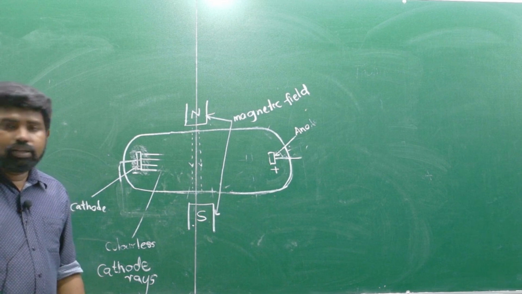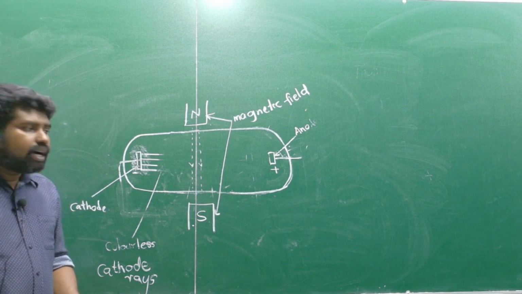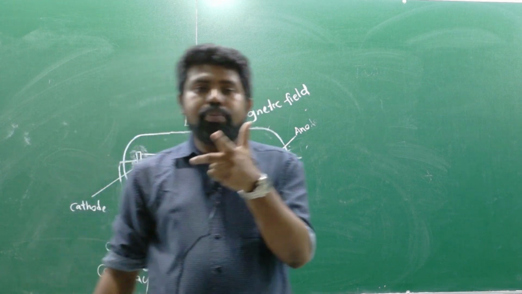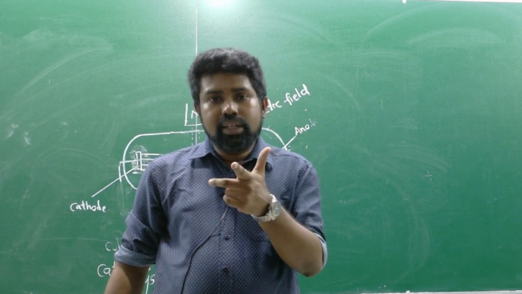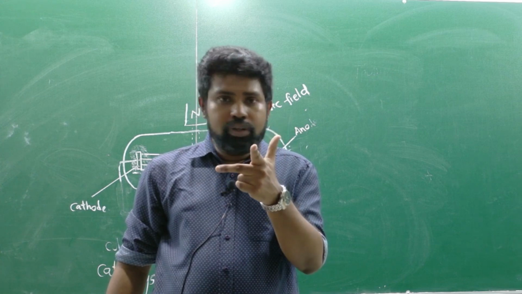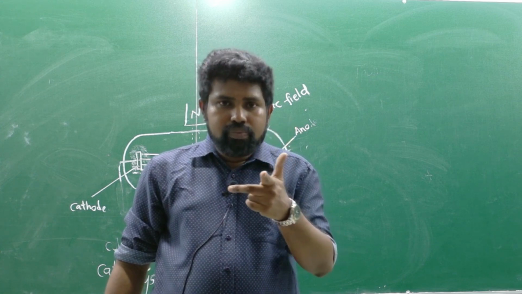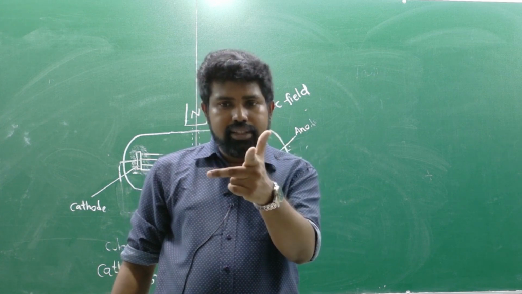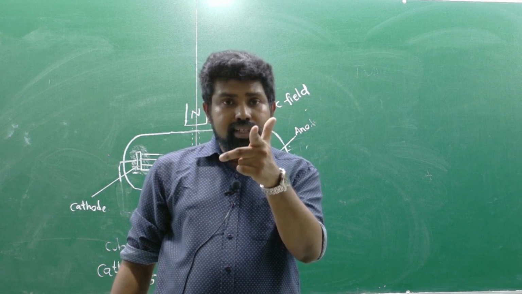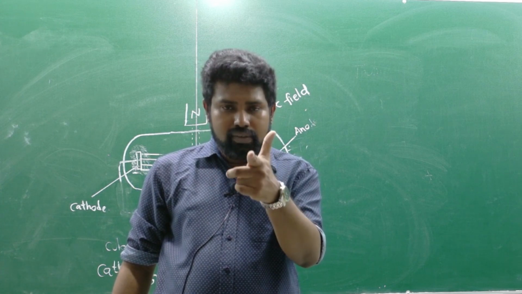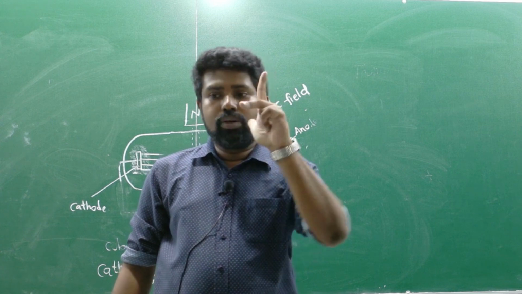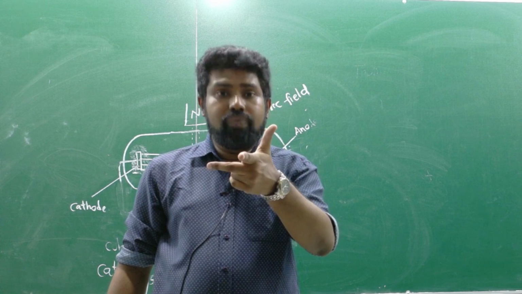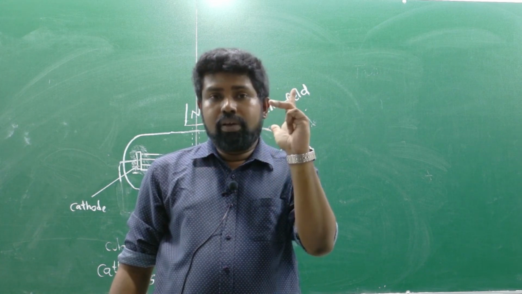When a charged particle travels through a path perpendicular to the direction of the magnetic field, when they are perpendicular to each other, what happens? There is a force generated from the magnetic field on that particle, which is also in a perpendicular direction. We know this from Fleming's left hand rule.